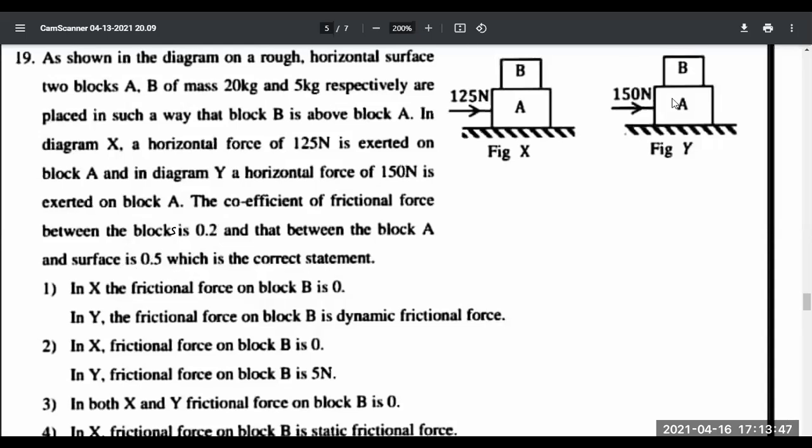So to clarify that, here mu is 0.5 and here mu is 0.2.